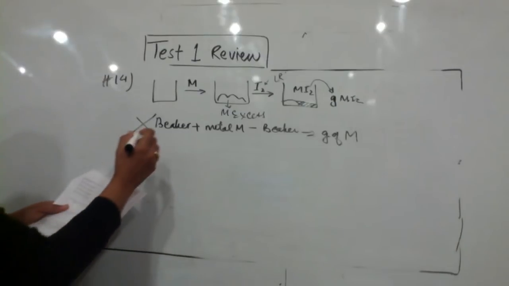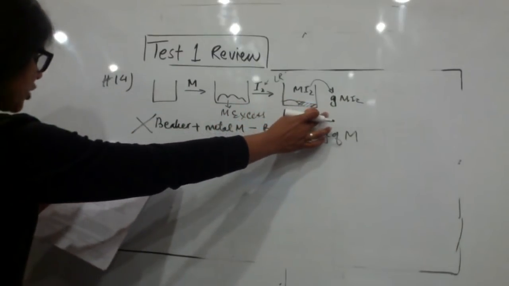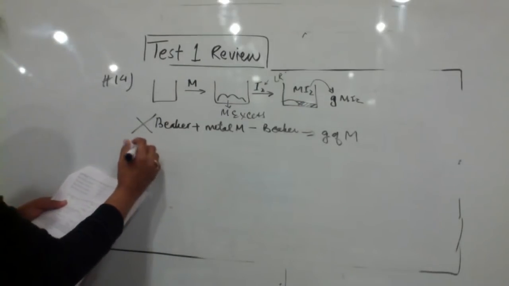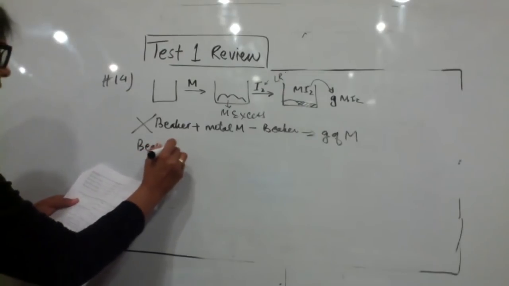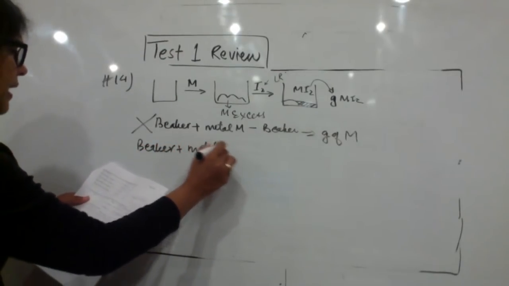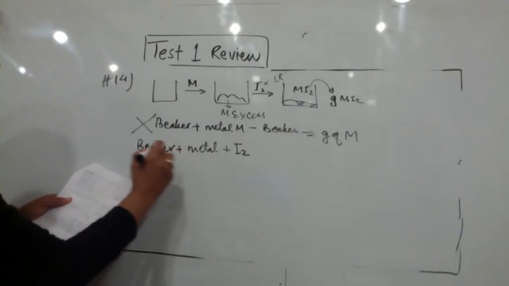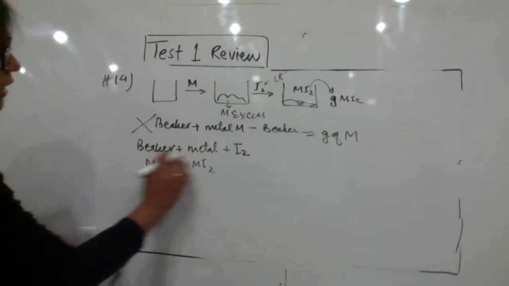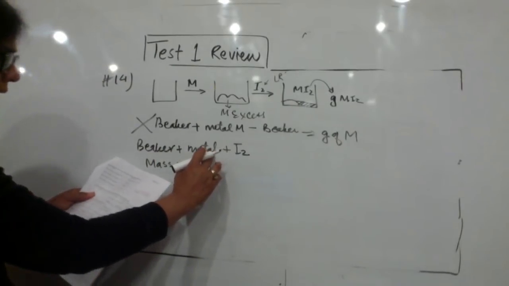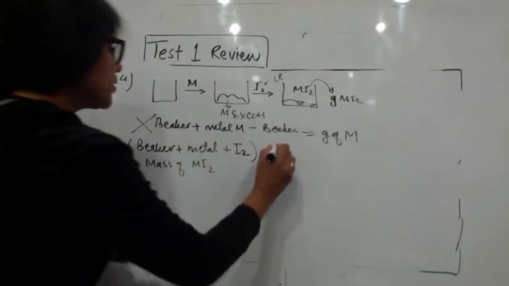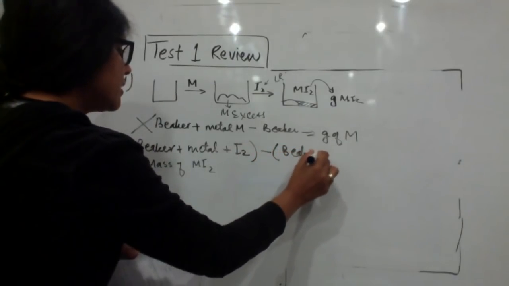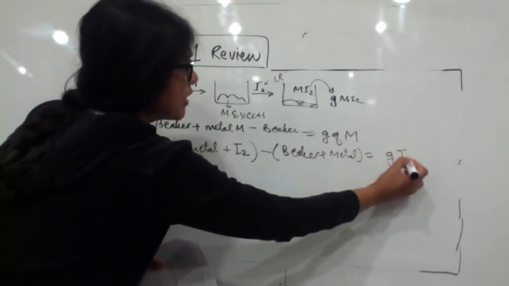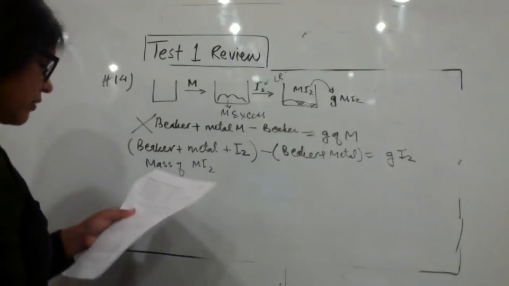They also have the mass of beaker plus metal plus I2, and then they have the mass of MI2 after 2 weighings. So if from beaker plus metal plus I2 you subtract beaker plus metal, what will this give you, guys? It will give you grams of I2 that reacted, right?